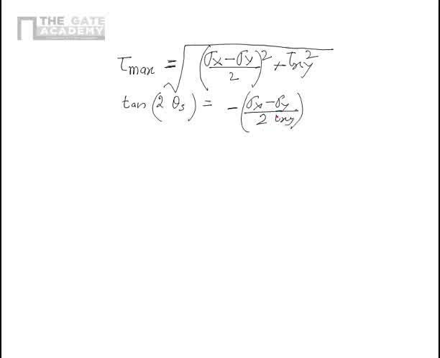So this gives us the angle about which if we transform the coordinate system or rotate the element, we will get the maximum shear stress. Obviously the maximum shear stress can also be obtained by this formula, sigma 1 minus sigma 2 by 2, obtainable by considering the previous transformation rule. So this is tau max.